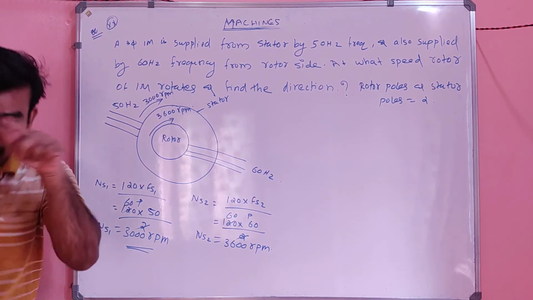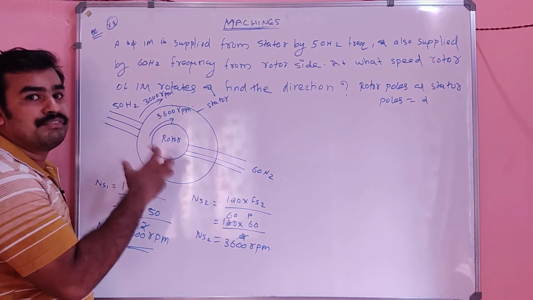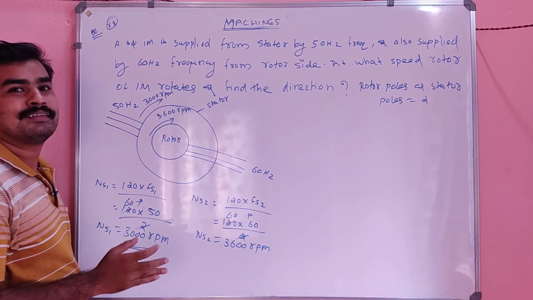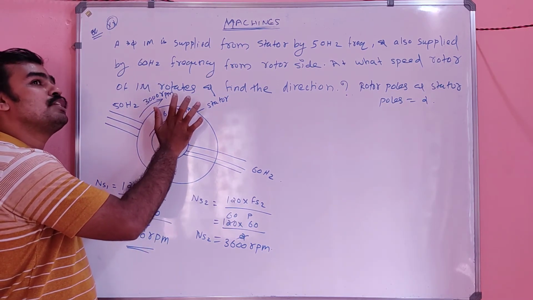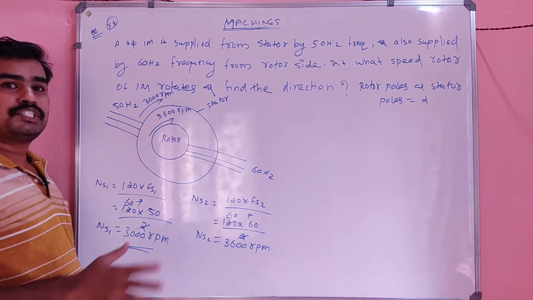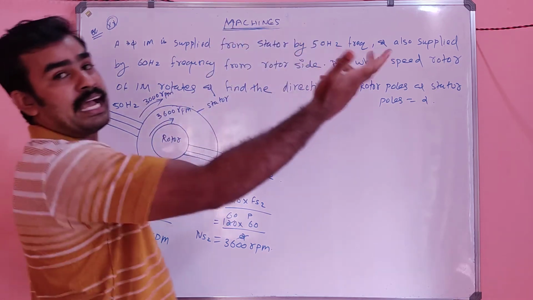The faster will apply some flux linkages on the what? Slower side. Similarly, the rotor magnetic field will apply some flux linkages on what? The stator side. So there is a chance of induced EMF in what? Stator winding, because the stator winding feels more flux linkages from the rotor side.